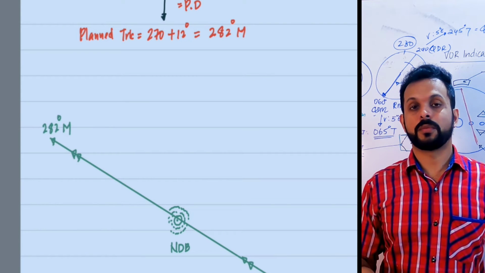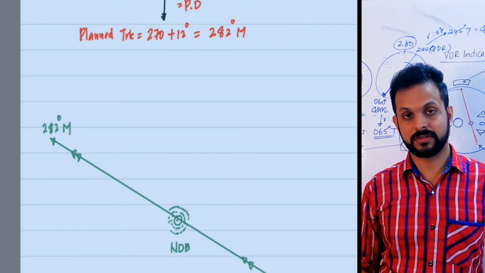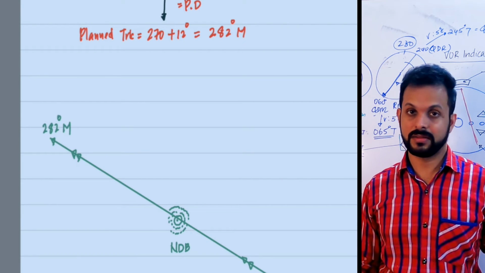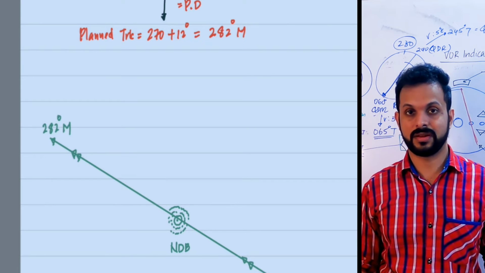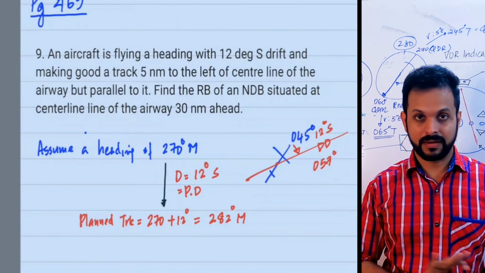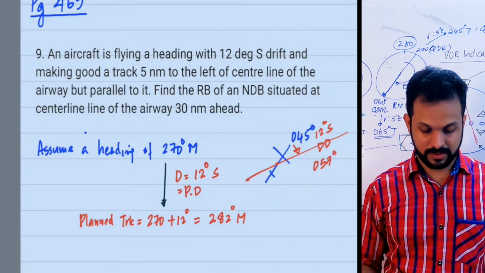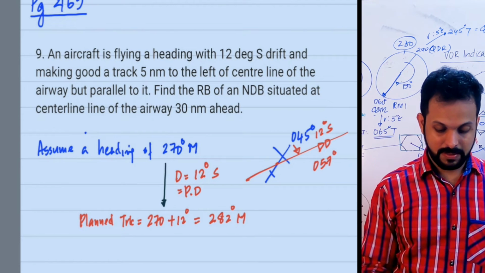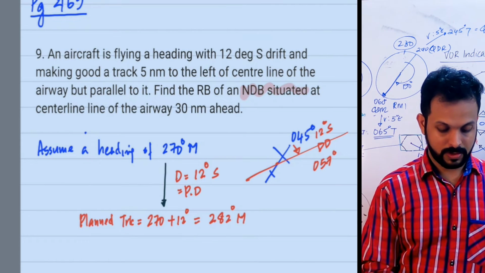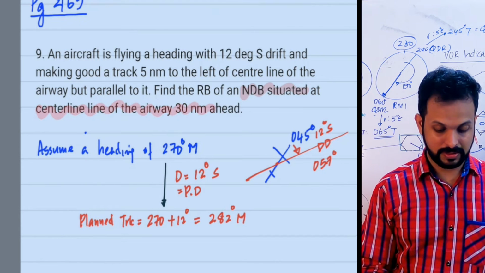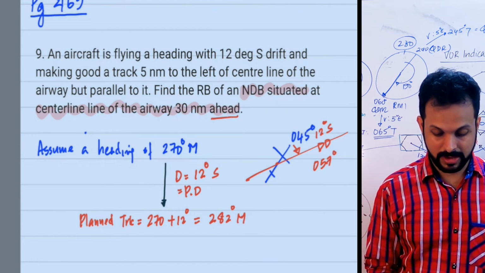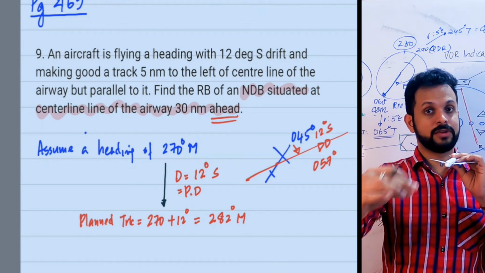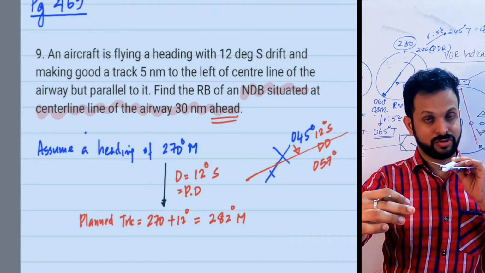Now, it's always a common point of confusion for students in general to identify whether the aircraft is moving towards the navigation aid, in this case the NDB, or is it moving away from the NDB. To clarify that, they have mentioned it very clearly in the question that the NDB is situated at the center line of an airway 30 nautical miles ahead, which means the NDB is ahead of the aircraft, and for that reason the aircraft is approaching the NDB.